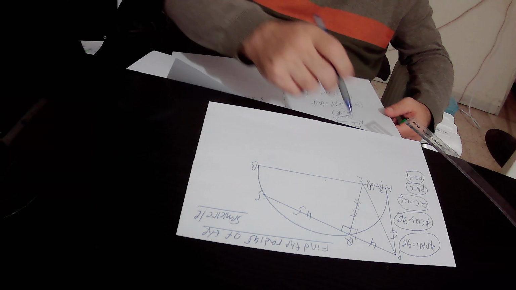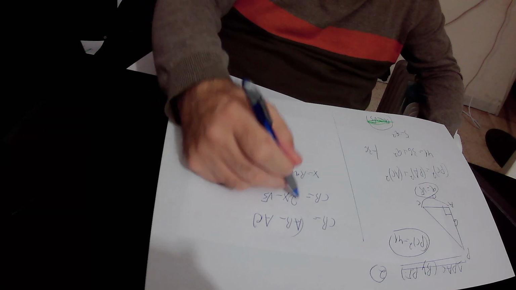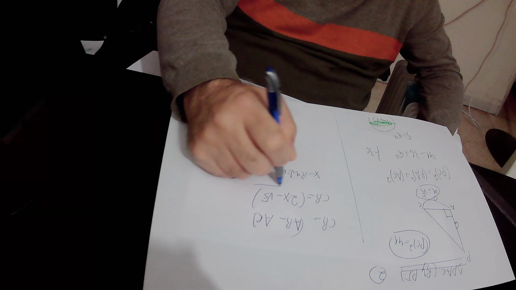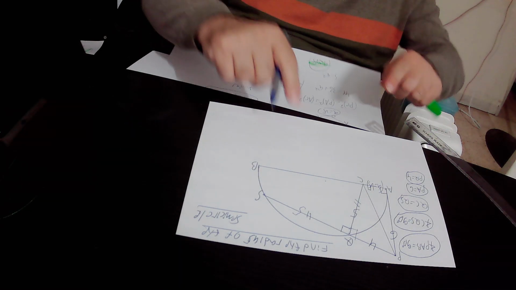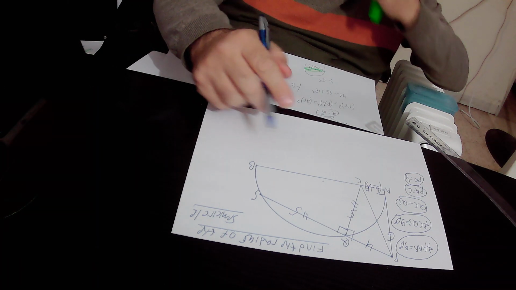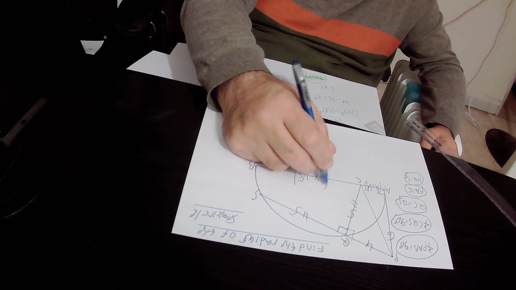AC is A and A is square root of 5. So in conclusion, CB equals 2x minus square root of 5 units.